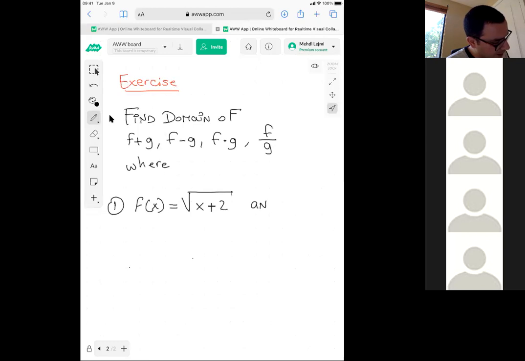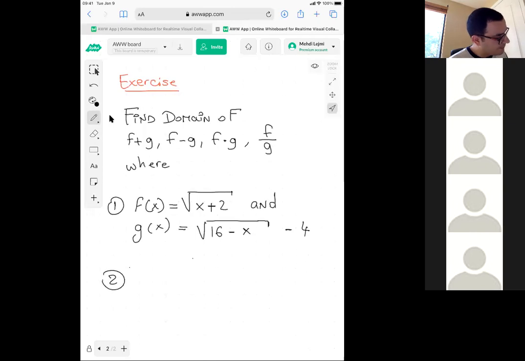Okay, and g of x is square root of 16 minus x, and then there is minus 4 outside the square root. All right.